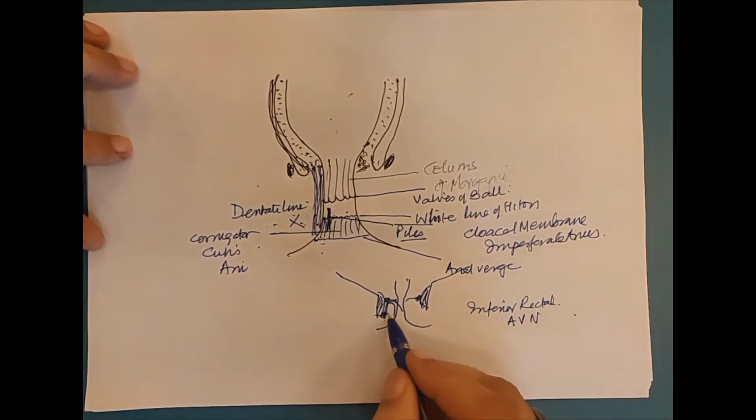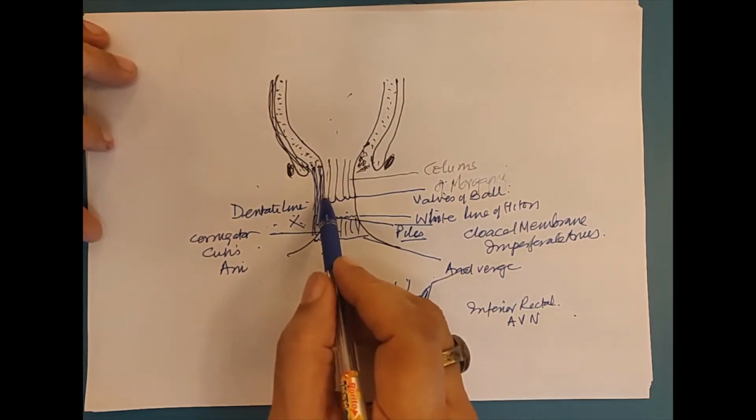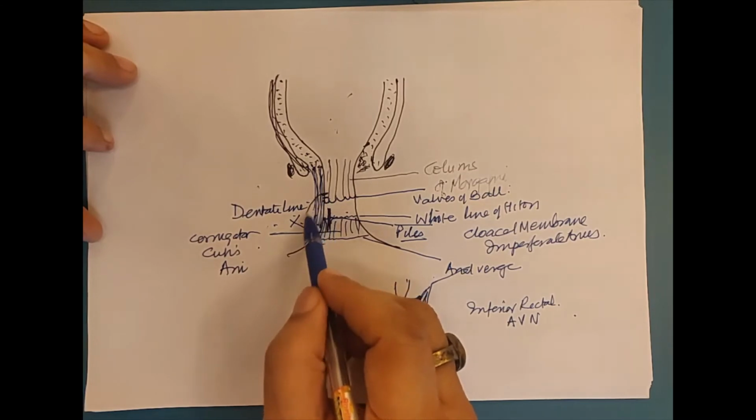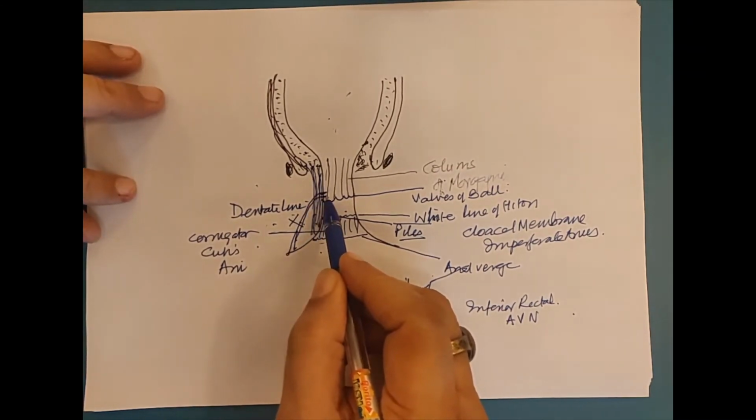Right? So till you are in the ischiorectal fossa, there is no problem. Now, one important thing is that if there is a connection between the anal canal and the skin, this is called a fistula.